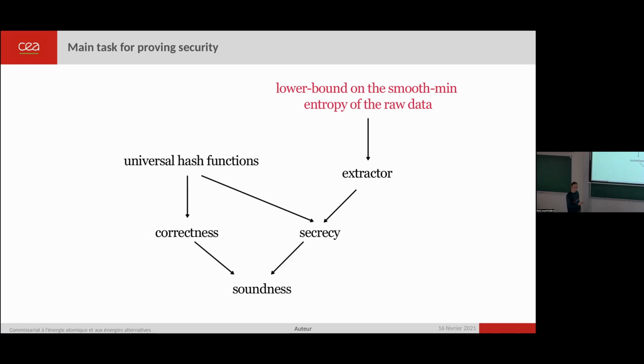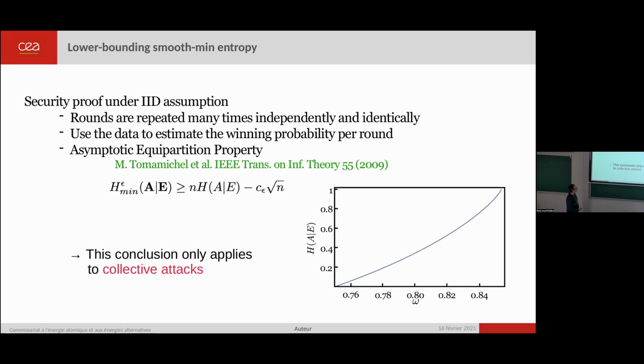And finally, what really needs to be computed are the parameters that we need to feed in there. In particular, we need to give a bound to the extractor of how much randomness we can certify in the outcomes. I won't go into too much detail, but the key element is the relation we saw before that relates the entropy to the winning probability.